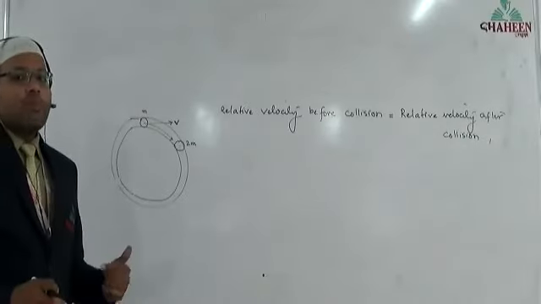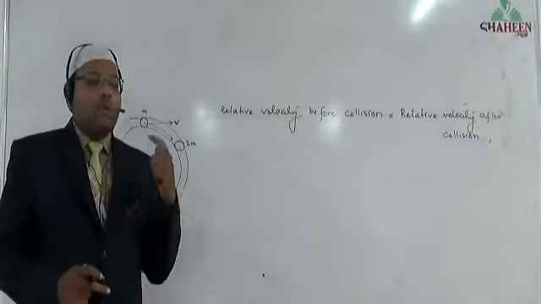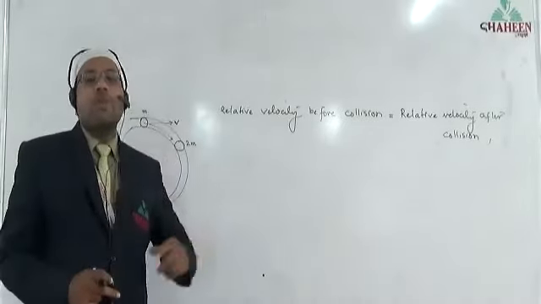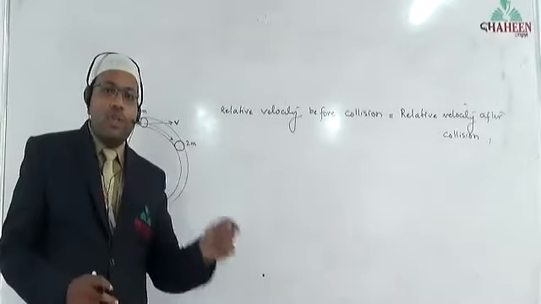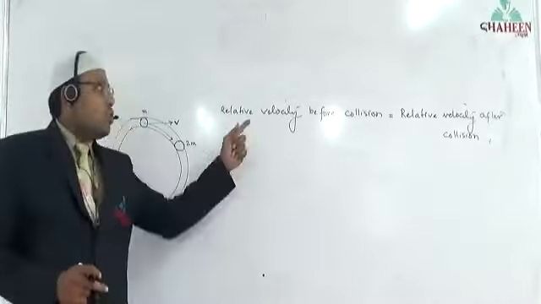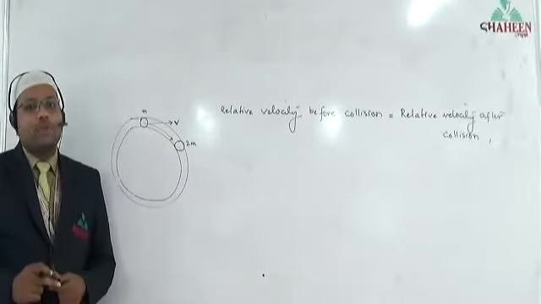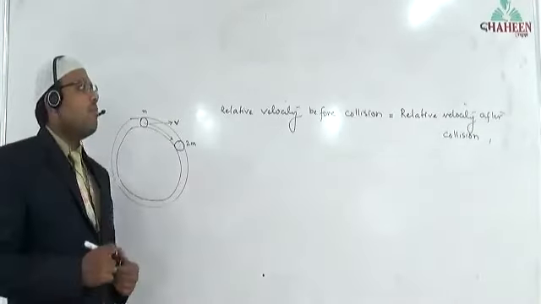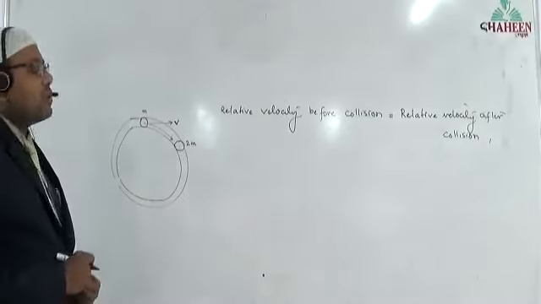So relative velocity means what? We did this last week, the relative velocity concept. Relative velocity means the velocity of the first body with respect to the second body. And this concept we have proved for elastic collision in one dimension. So relative velocity before collision is equal to relative velocity after collision.